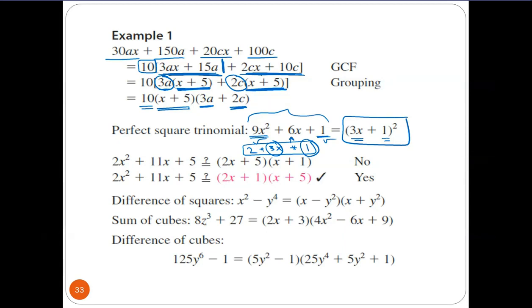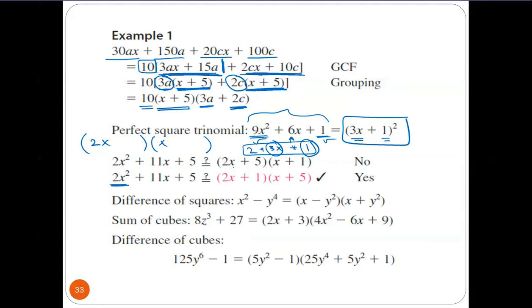In this case, we need to try: we distribute 2x in the first bracket and x in the second bracket. Why? Because multiplying 2x with x gives 2x squared.